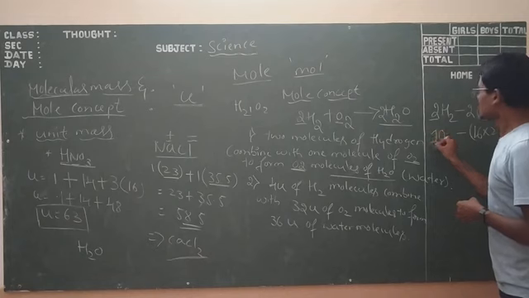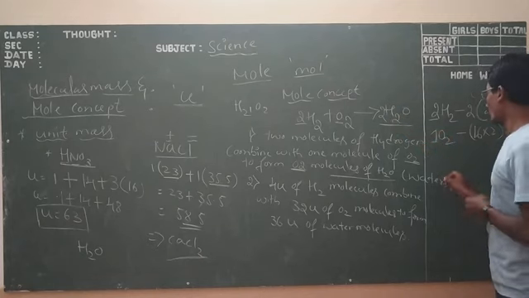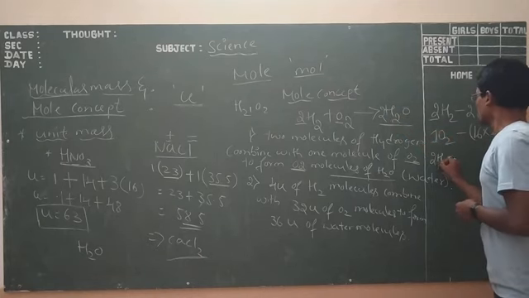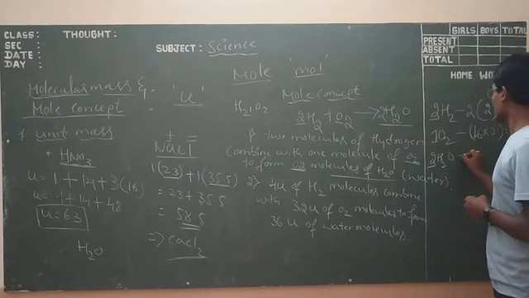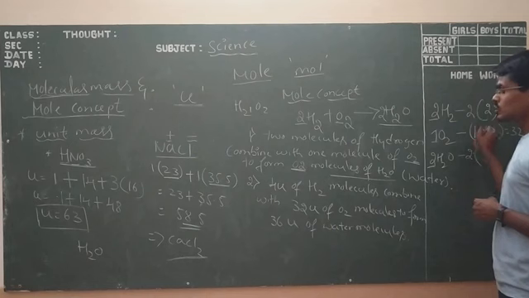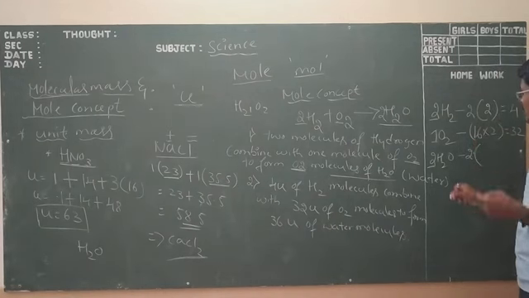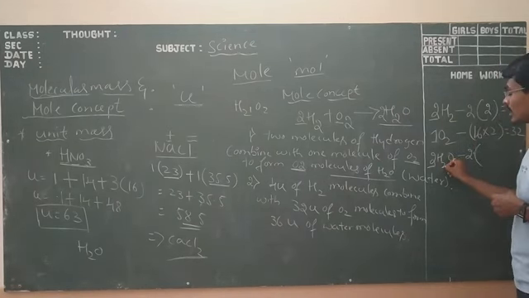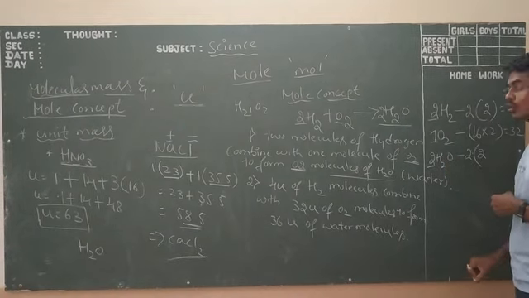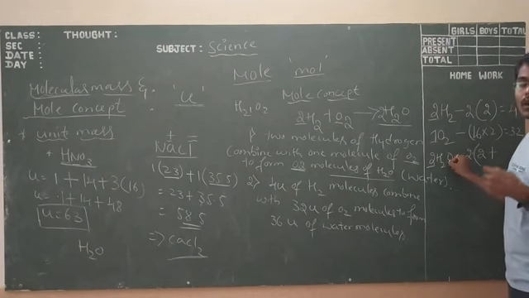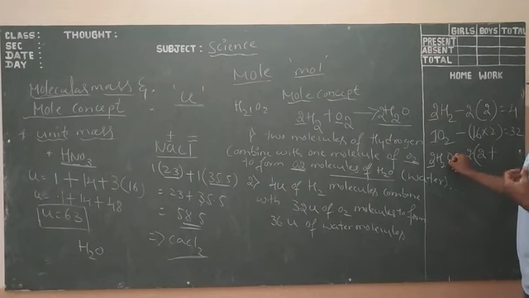Then 2H2O. How many molecules are there? 2 molecules, so it has 2. The atomic mass of hydrogen is 1, but here how many atoms are there? 2 atoms, hence that becomes 2. Then plus oxygen. How many atoms are there?